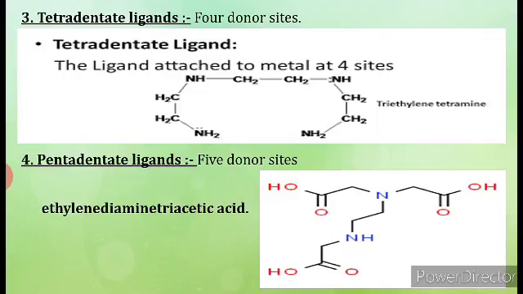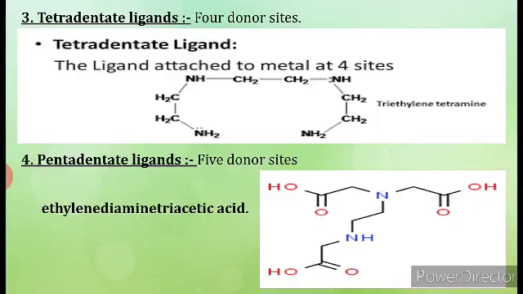So in this way 3 OH of carboxylic acid groups and 2 nitrogens of amino group possess lone pair of electrons. So 5 donor atoms, 5 donor sites are there. So it is the example of pentadentate ligand.